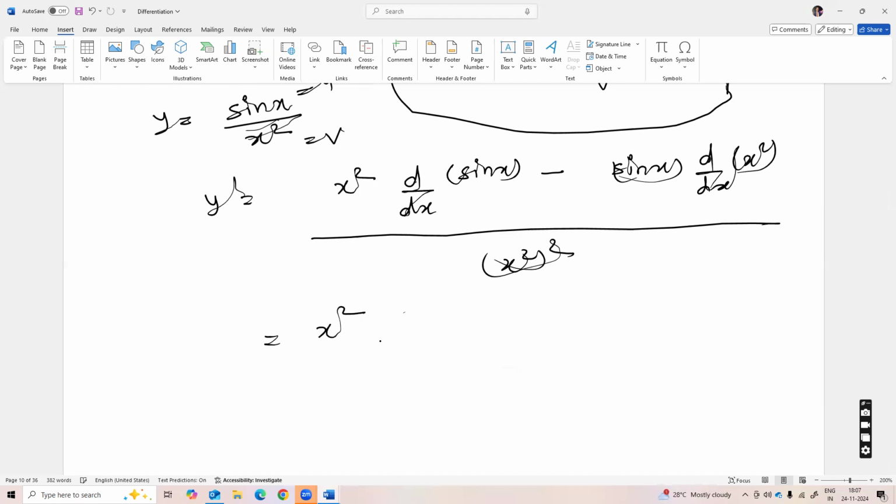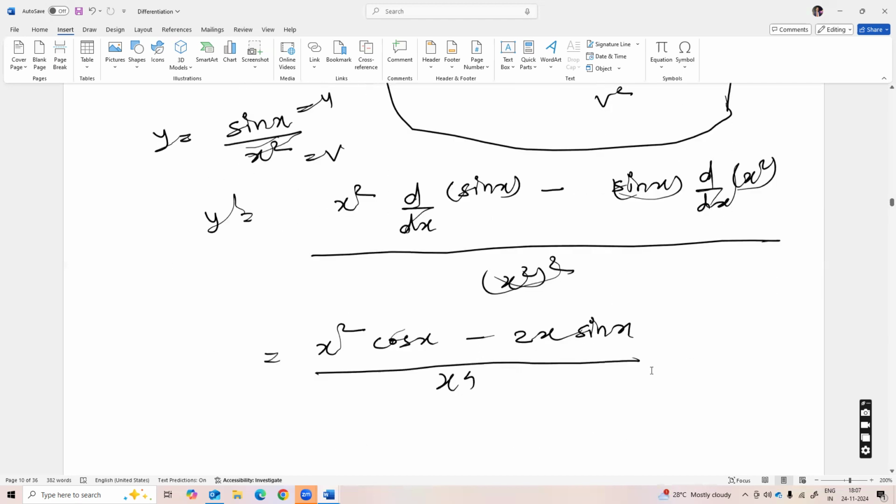The derivative of sin x is cos x, and the derivative of x square is 2x. So here you get x square cos x minus 2x sin x, divided by x to the power 4. So this is how you do the division.